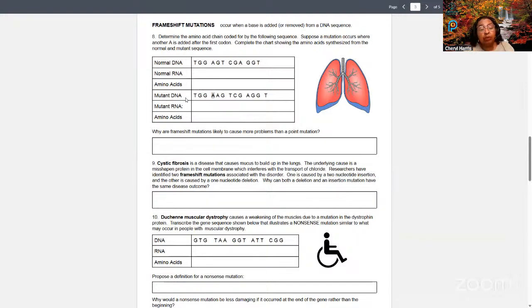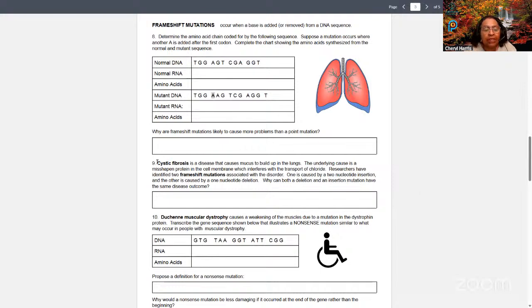What is happening with the mutant is they've inserted an extra nucleotide. They've highlighted that A, and it shifted the whole line over. Because you're reading it in groups of 3, instead of AGT, now it's AAG. So what amino acid are you going to get there? Answer that question.